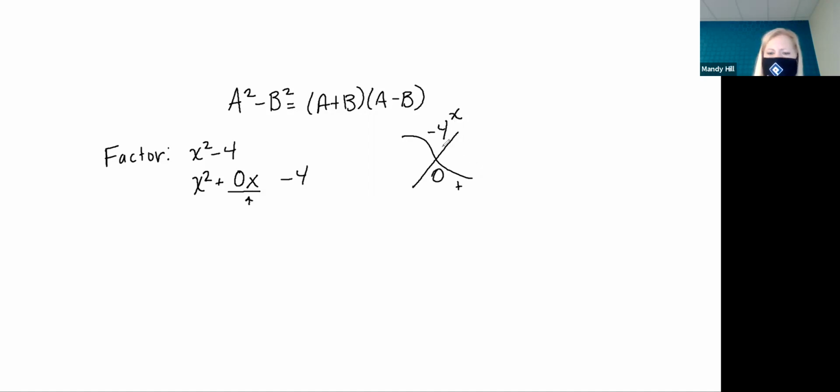So we would have to go, what multiplies to negative 4 and adds to 0? Well, negative 2 times positive 2 is negative 4. But when you add those two, you get 0. So one of them is negative 2, and the other one would be positive 2. So when we wrote our answer, we would say x minus 2 times x plus 2, and that's where they're coming up with this.